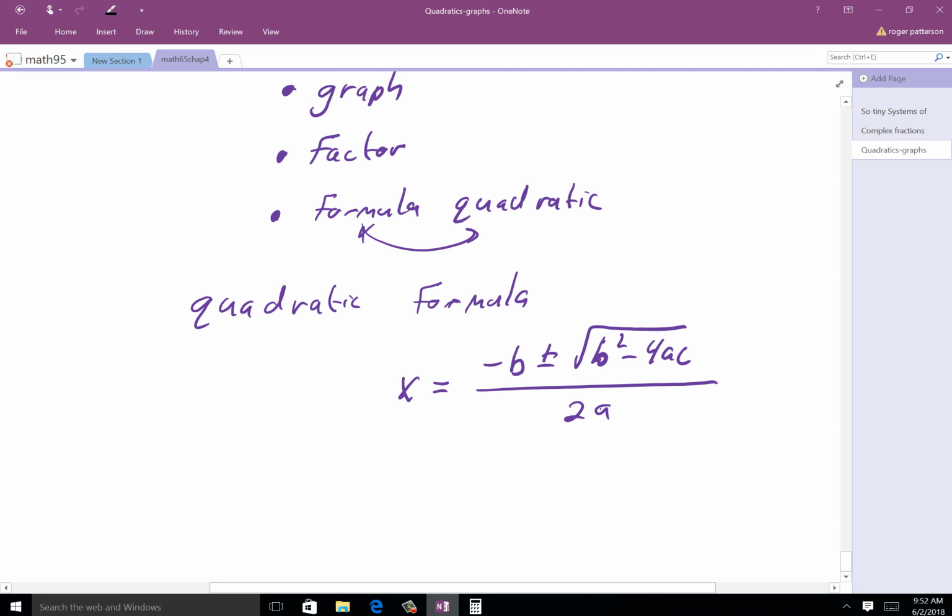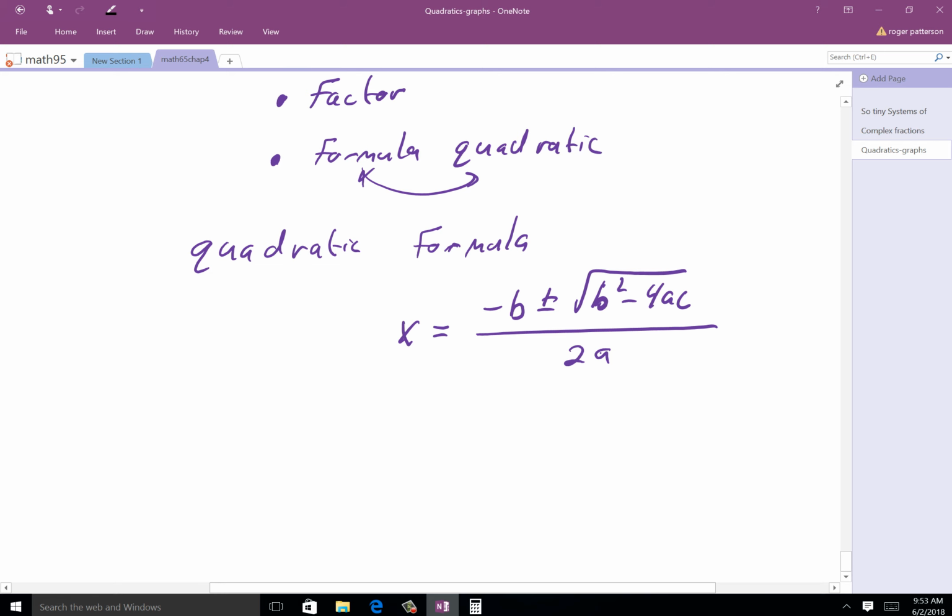If a section says that, just use the quadratic formula. Just ignore it completely. I really don't think anybody's going to say you have to solve these by completing the square. You know how to complete the square, so there's no reason for it. Just use the quadratic formula.